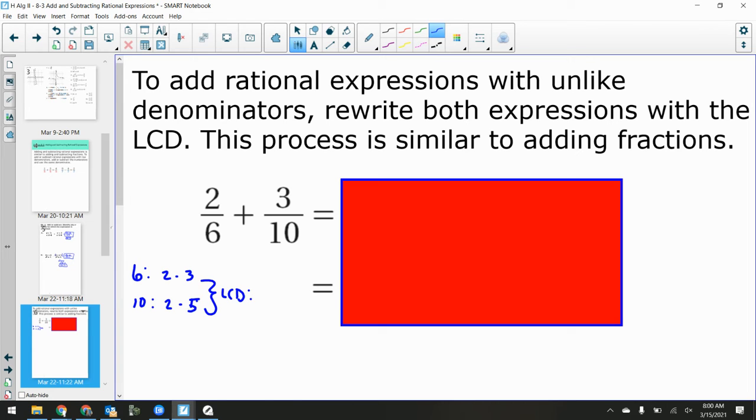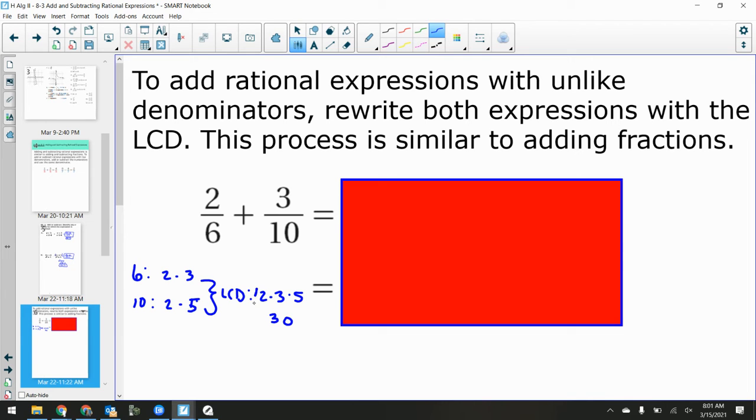The LCD must include all of the factors of one of the numbers, like 6 here, 2 times 3. Then I look at my other number, 2 times 5. I've already got a 2 written there, so all I need to include is the prime factor of 5. 2 times 3 times 5 is 30.